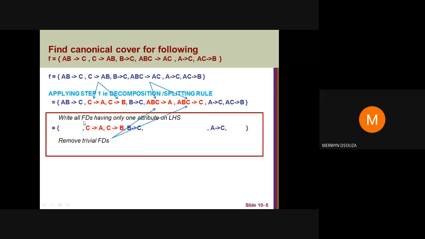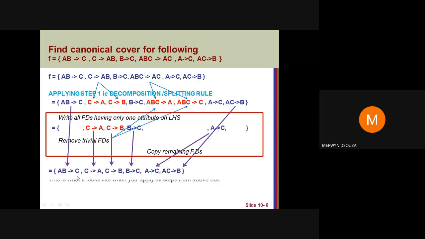So when you apply both the steps together, you will get something like this. We are removing all the trivial functional dependencies, and also we are writing all the remaining FDs. So basically, after applying the splitting rule, instead of doing this step, you can directly just remove the trivial functional dependencies.